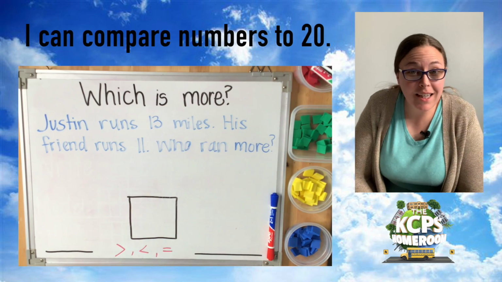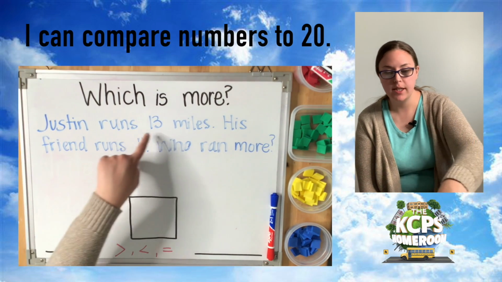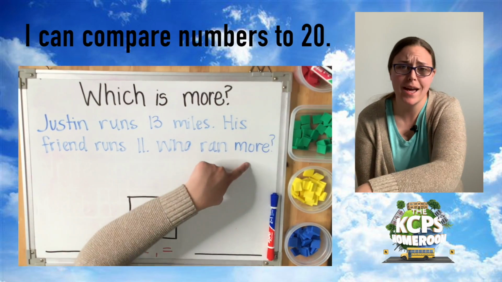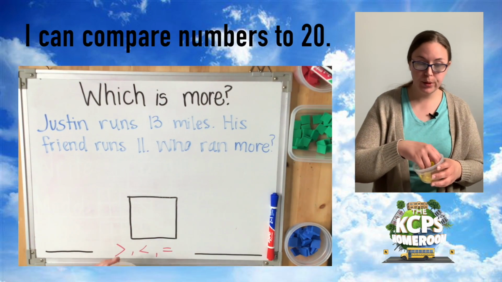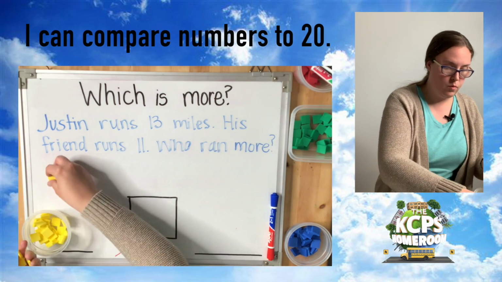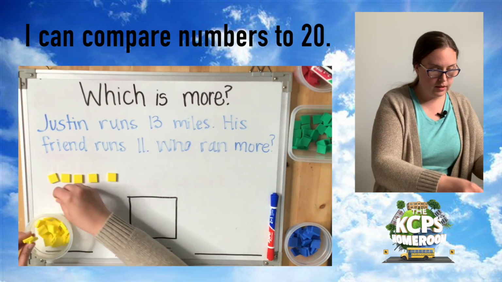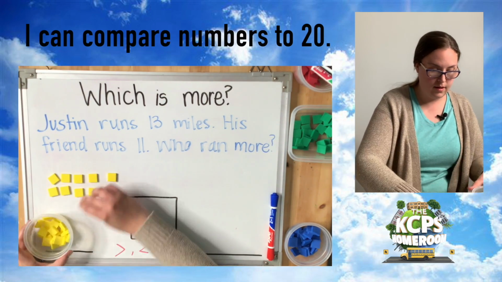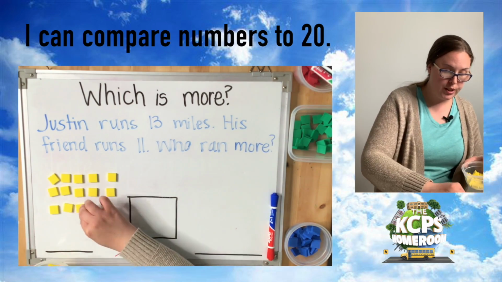And now we're ready for our last problem together, friends. Let's read it. Justin runs 13 miles. His friend runs 11. Who ran more? We're going to take our yellow counters and count out 13 to model Justin's miles. Justin ran 13. 1, 2, 3, 4, 5, 6, 7, 8, 9, 10, 11, 12, 13.